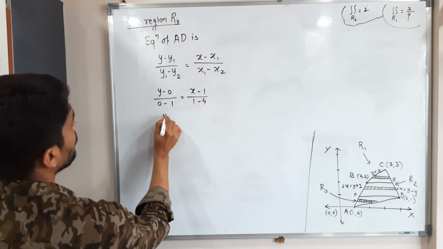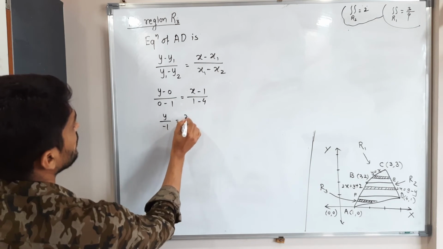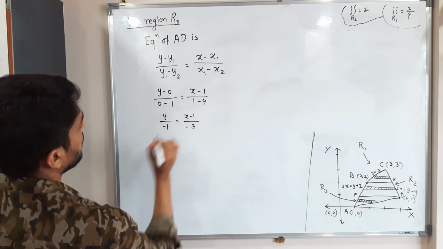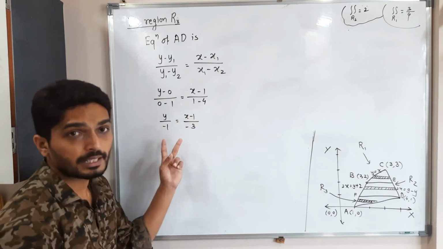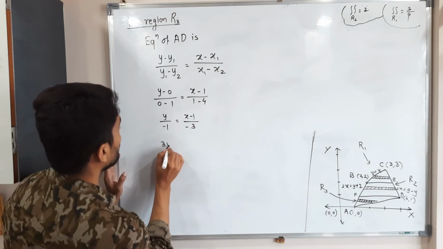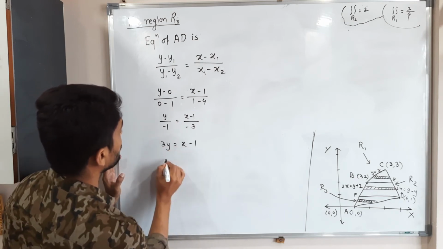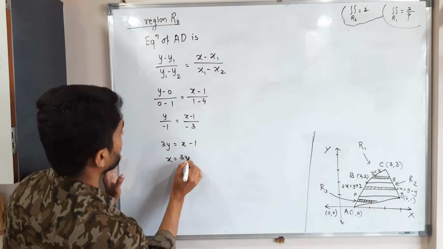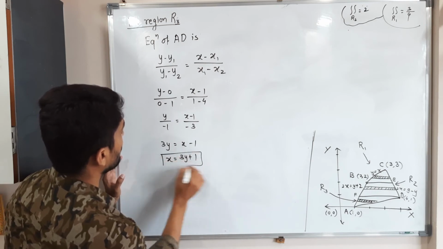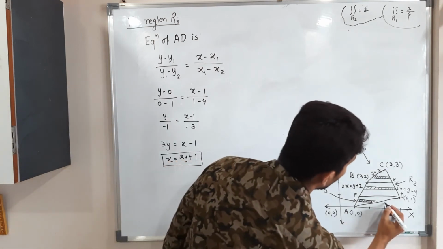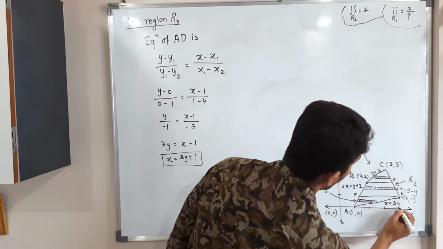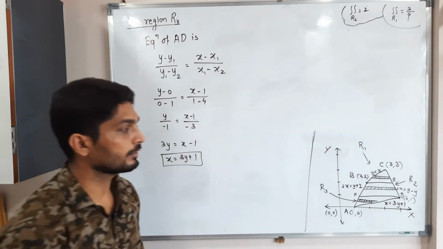So y upon minus 1 equals x minus 1 upon minus 3. The minus signs will get cancelled, 3 will shift here, so 3y is equal to x minus 1. So x is equal to 3y plus 1. So we got the equation of that line also.